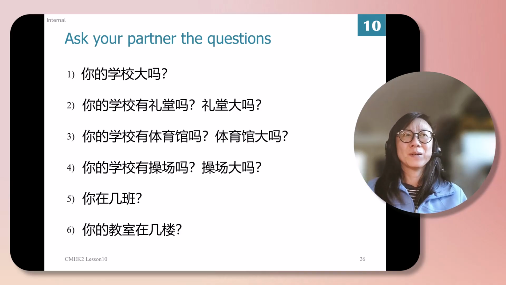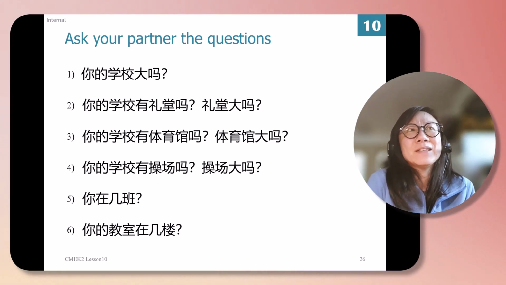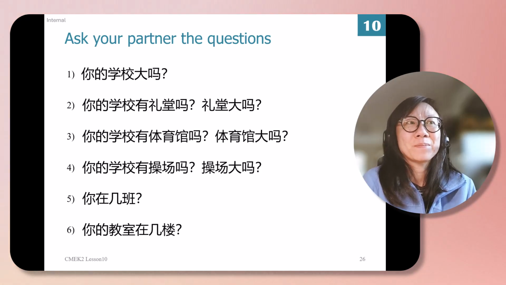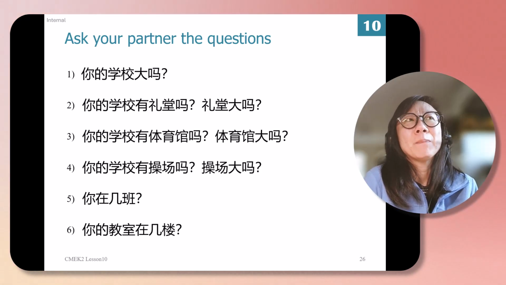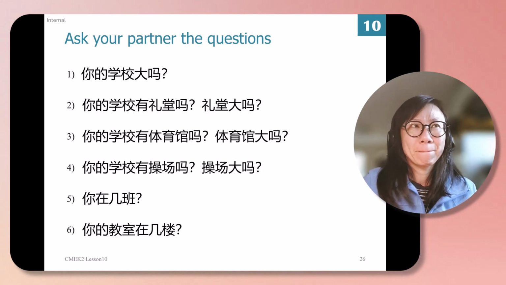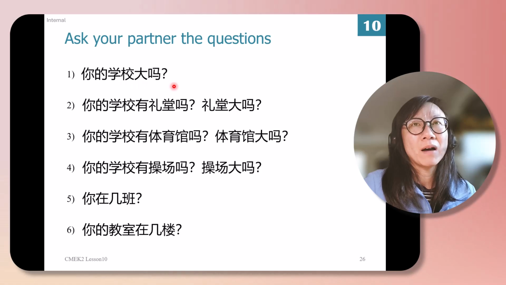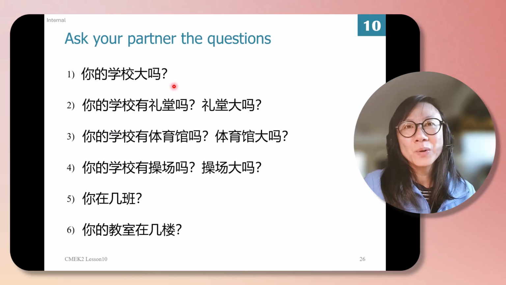Next, we can ask our partner these questions, and we can do a survey. But before we can do that, make sure you can read and understand these questions. Number 1, 第一个，你的学校大吗？ Is your school big?